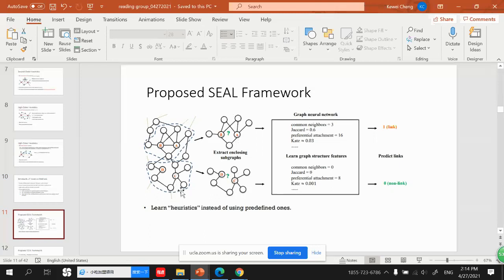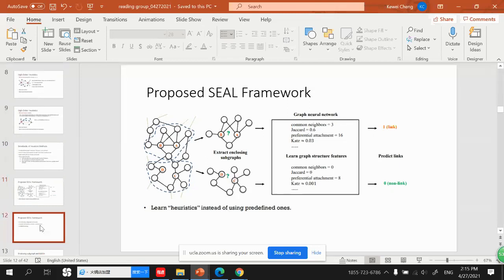In order to determine whether there's a link connecting C and D, we can extract another subgraph surrounding C and D, and then we can observe that C and D do not have many direct or indirect interactions. So it will be less likely for them to connect with each other.